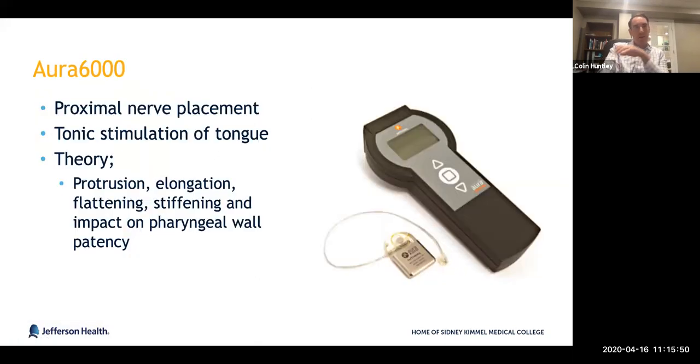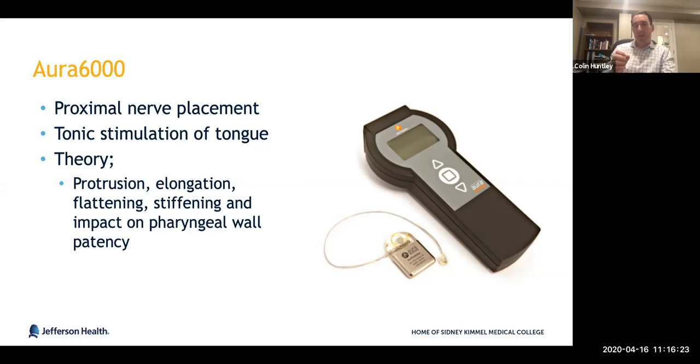So the Aurora 6000 device, the difference here is this is placed proximally on the nerve, meaning you don't select for the protrusor branches of the hypoglossal nerve. You're placing it more posterior, more proximal along the hypoglossal nerve. It has tonic stimulation, so there's not a respiratory sensor with this device. So there's tonic stimulation of the tongue, and within the cuff that wraps around the nerve, there's multiple different longitudinal electrodes.